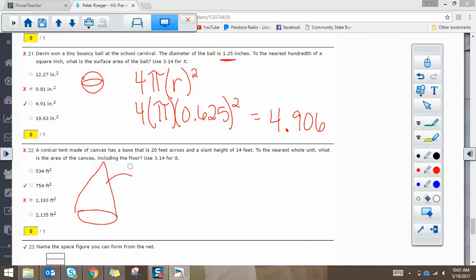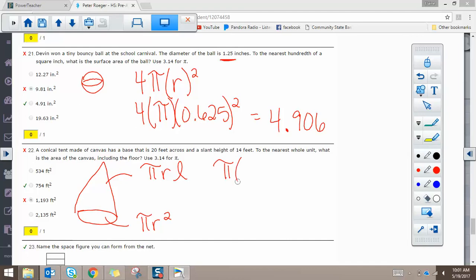You have a formula for the top, which was that pi r L, and they use the letter L, which stands for the slant height. And you have the area of the circle, which is pi r squared. So for pi r L, we get pi times, it says it's 20 feet across, so that's the diameter. We're going to cut it in half and use 10 for the radius, and then the slant height is 14.